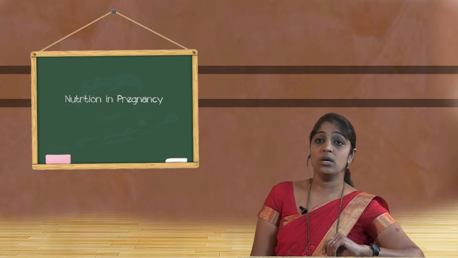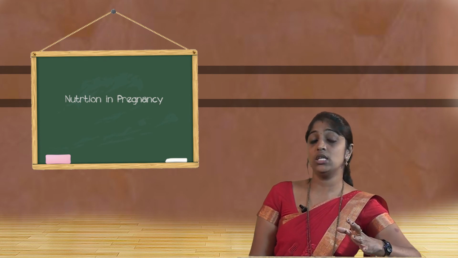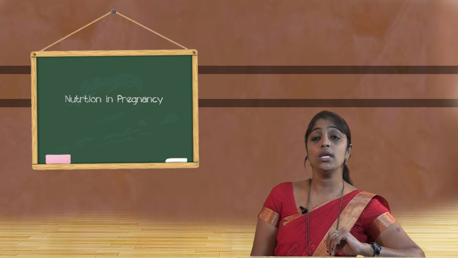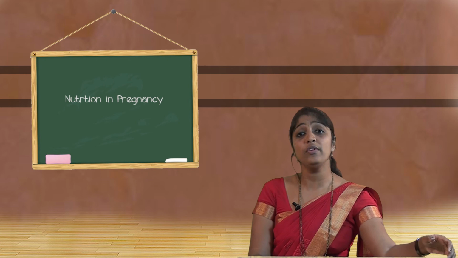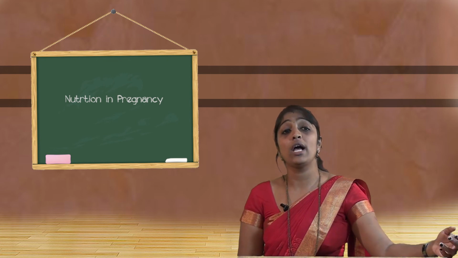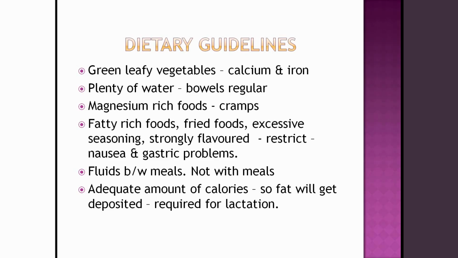Optimum amount of sodium. If edema or hypertension is seen during the pregnancy, you can restrict the sodium amount. Green leafy vegetables are a rich source of calcium and iron, so you can go for them. Take plenty of water so that your bowels will be regular. Magnesium rich foods will reduce the cramps during the pregnancy.